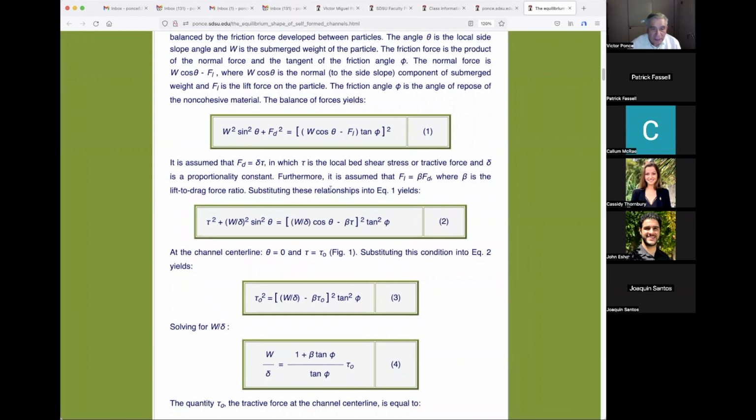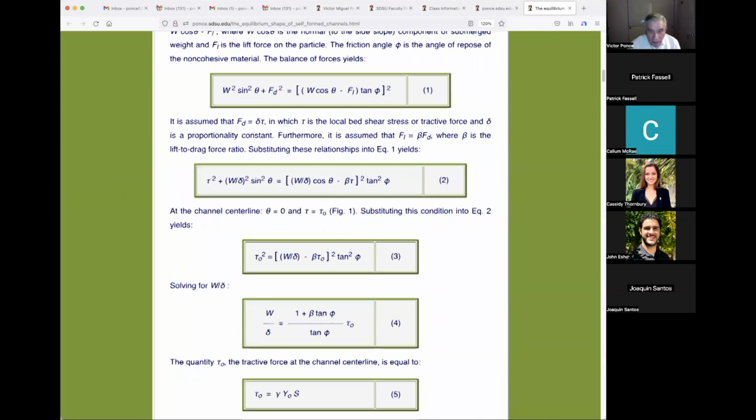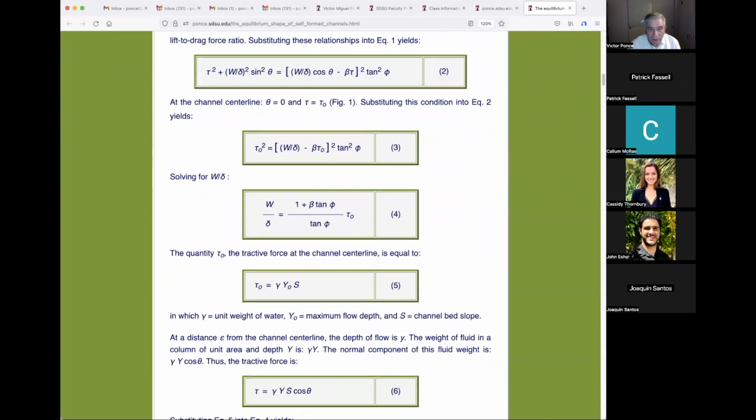Delta is the ratio between the drag force and the local bed shear stress. Delta is just a ratio, a proportionality constant. So the delta went in there, and now the tractive force at the bottom, at the channel center line, is equal to gamma y sub s, which is gamma YS or gamma RS.